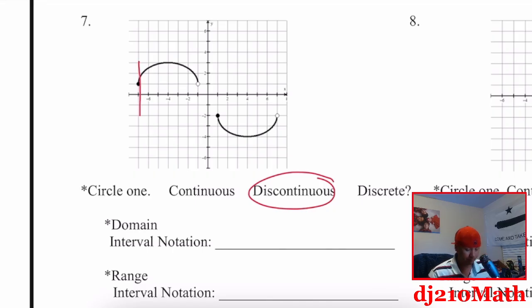The most left is -7 with the closed circle, so bracket. The most right of this piece is going to be -1 with a parentheses. We have a second piece, so we have to union these intervals together. So the most left of the right graph is +1 with the bracket. And the most right is 7, parentheses.